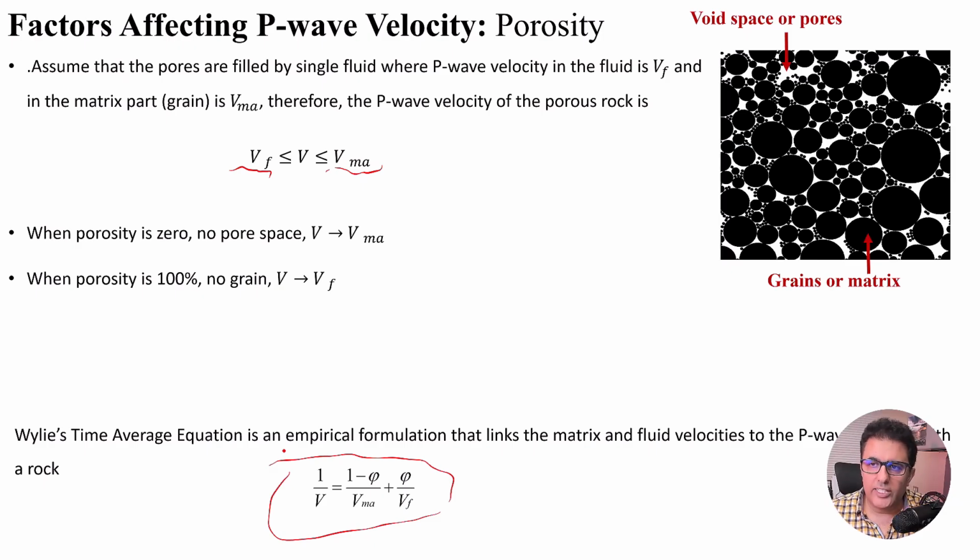What Wyllie did, he collected some rock samples, mostly consolidated rock samples, and measured their velocity and also their porosity with respect to a specific fluid, for example water. And he was able to obtain this relationship that links the average seismic velocity to the porosity, the matrix velocity, and the fluid velocity.